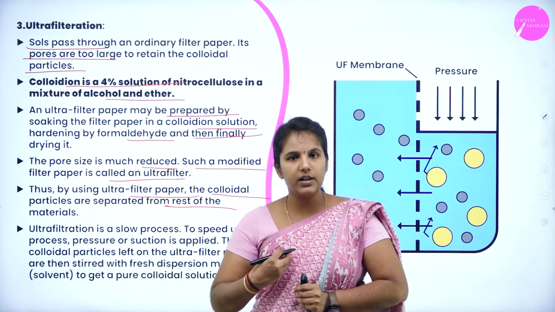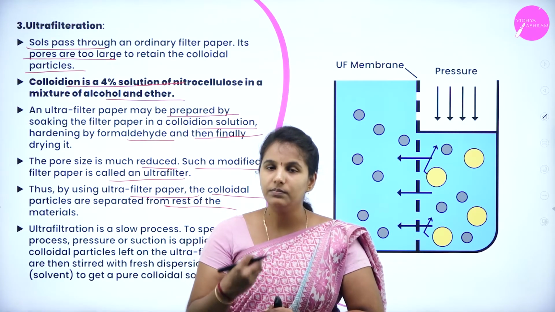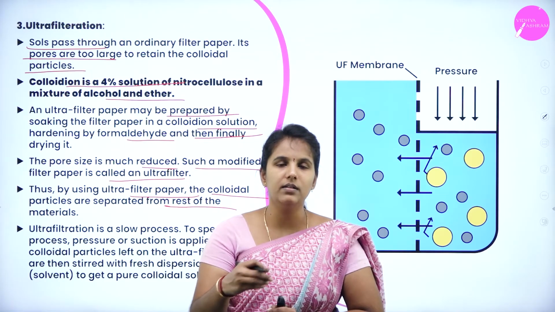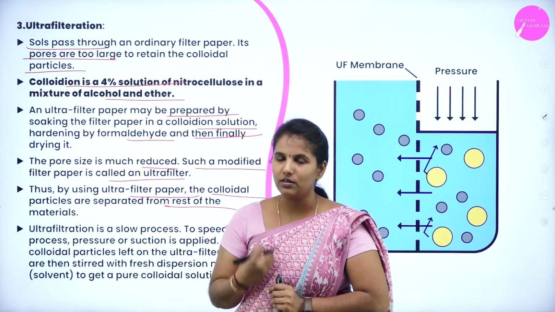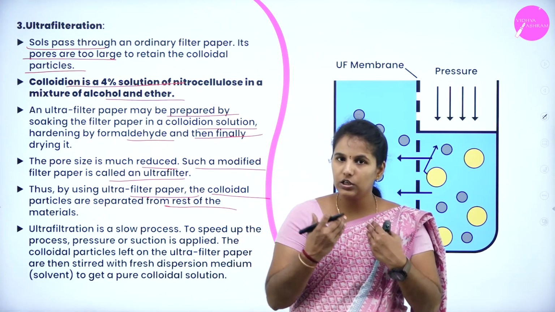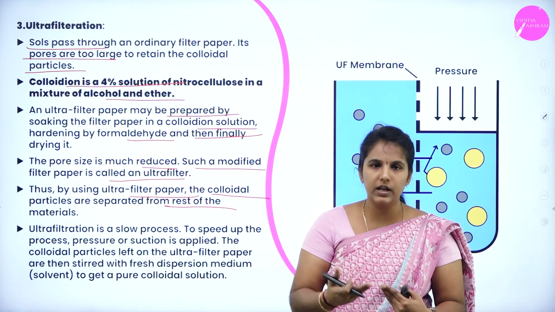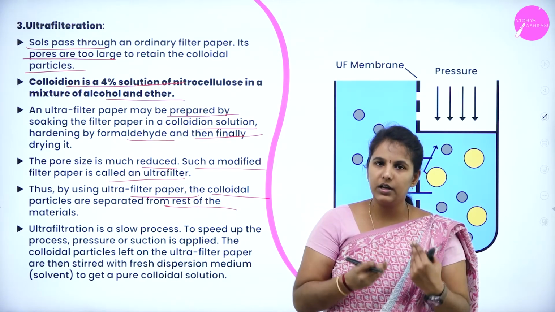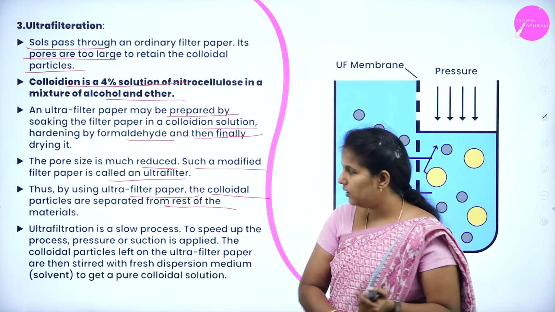If you do the filtration, it can retain the colloidal particles, and it will pass out the remaining soluble substances in your colloidal solution. This is how, by using a normal filter paper, they make it into an ultrafilter paper, and they do the filtration to obtain the pure colloidal solution.